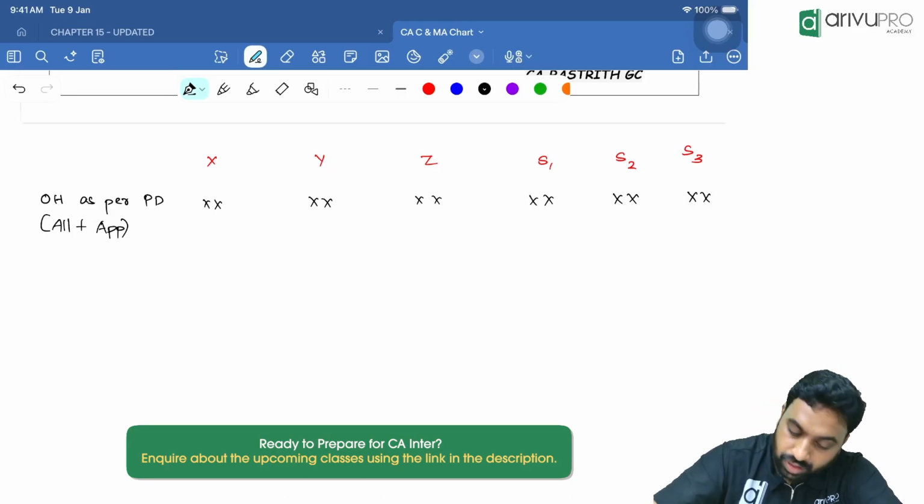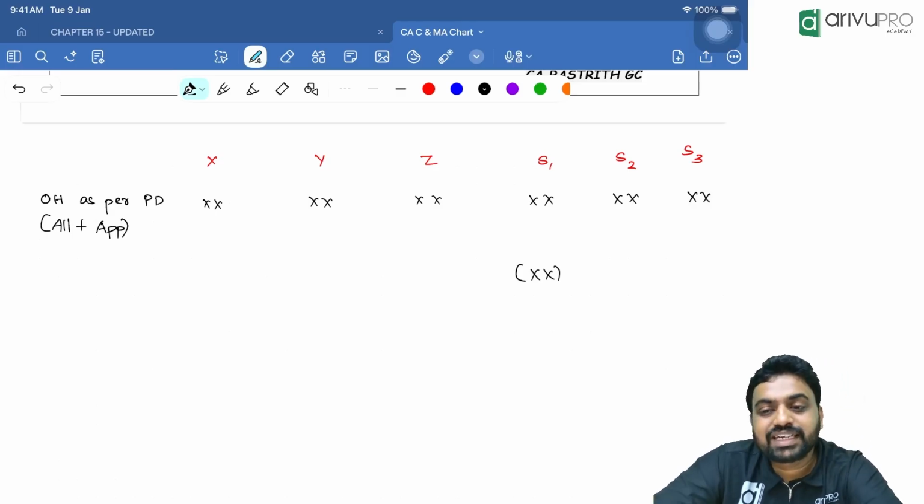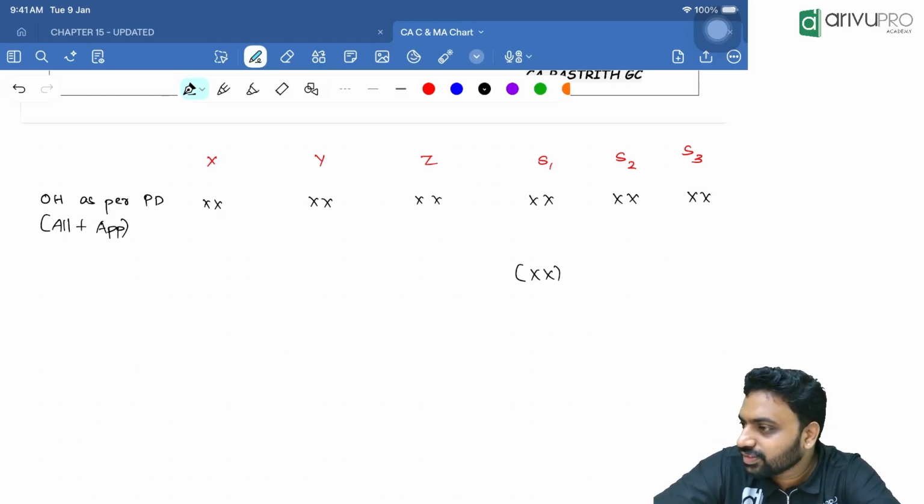Now, we have to apportion or reapportion service department S1 overheads to the different production departments X, Y, and Z. Correct? Now we should check whether any service department is providing service to another service department.